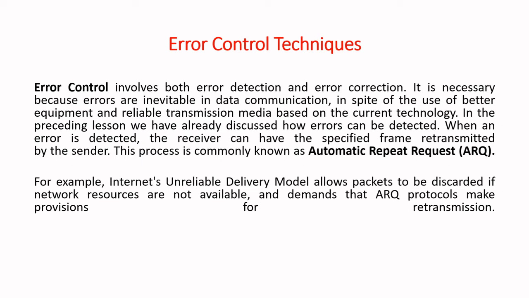So in error control, there are two techniques, error detection and error correction. First, we will see the error detection techniques. If error is detected in the signal or in the data, it will be corrected also.